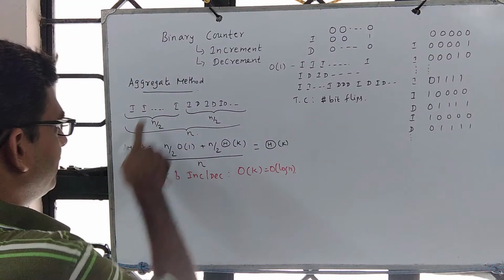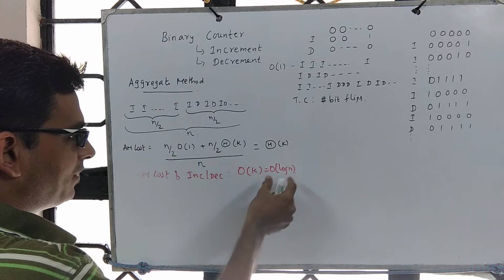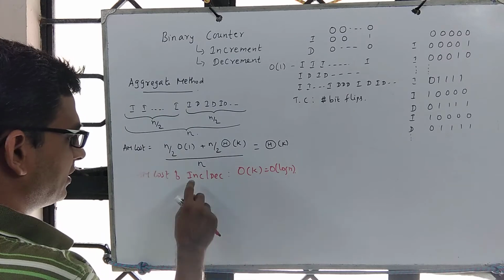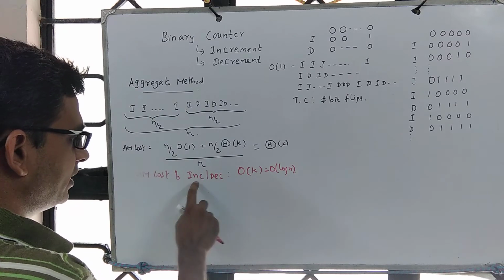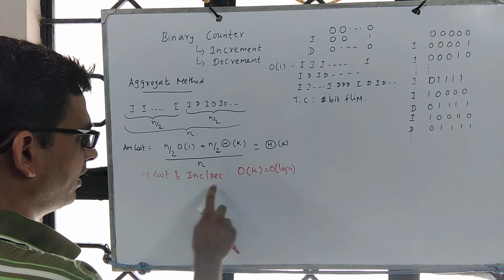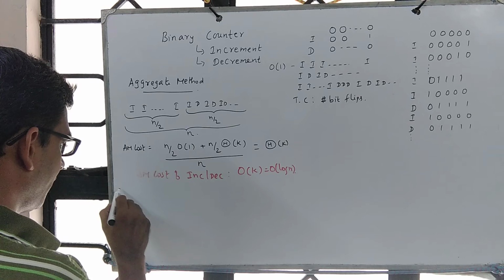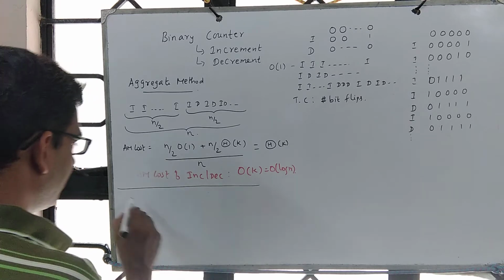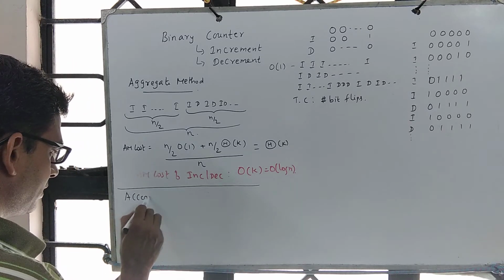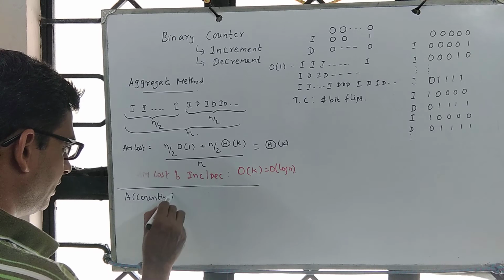And as far as aggregate analysis is concerned, whatever average cost we get, the same is assigned to all operations. In this case, increment is order log n and decrement is order log n. Let's look at the next method, which is the accounting method.